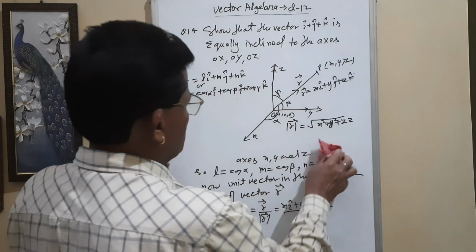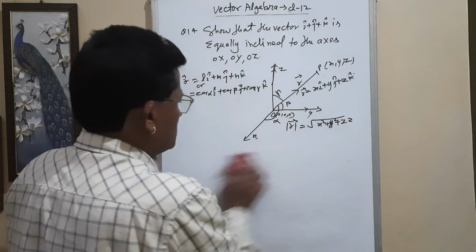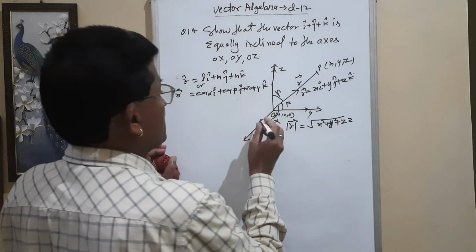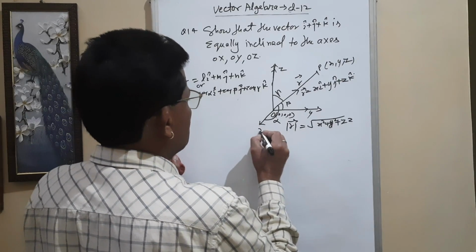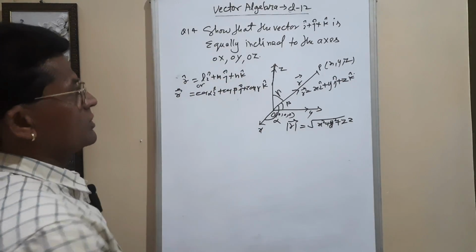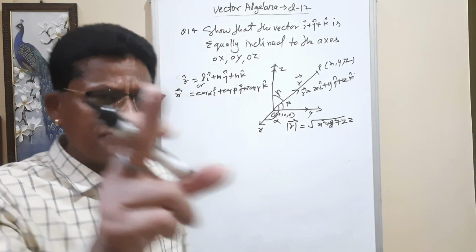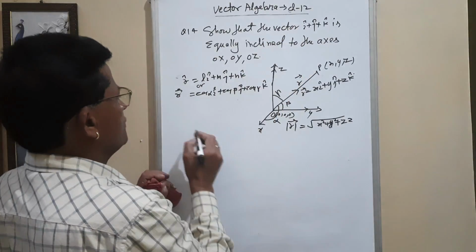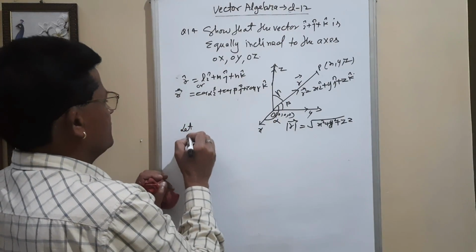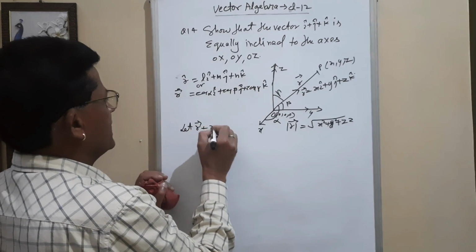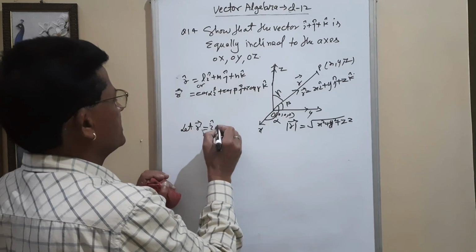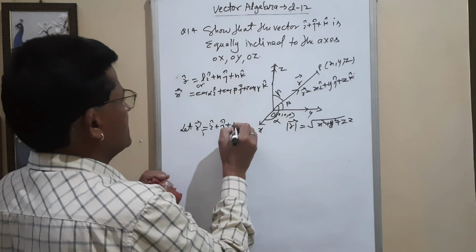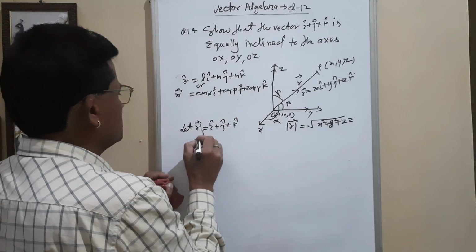Let me start now, and I will reduce this figure because it occupies the maximum space, that is the x-axis. Let me start the solution of the question, which is very, very important. Let me assume that vector r is equal to i plus j plus k. Let me find its magnitude.